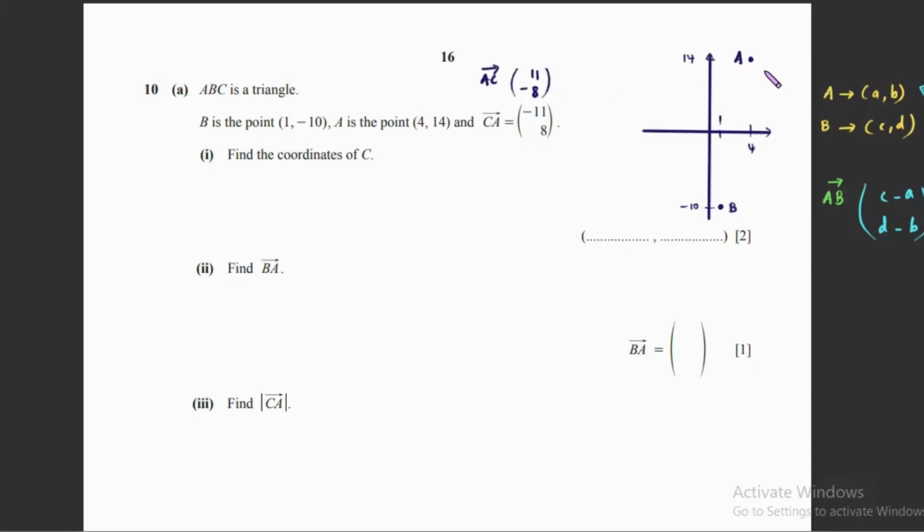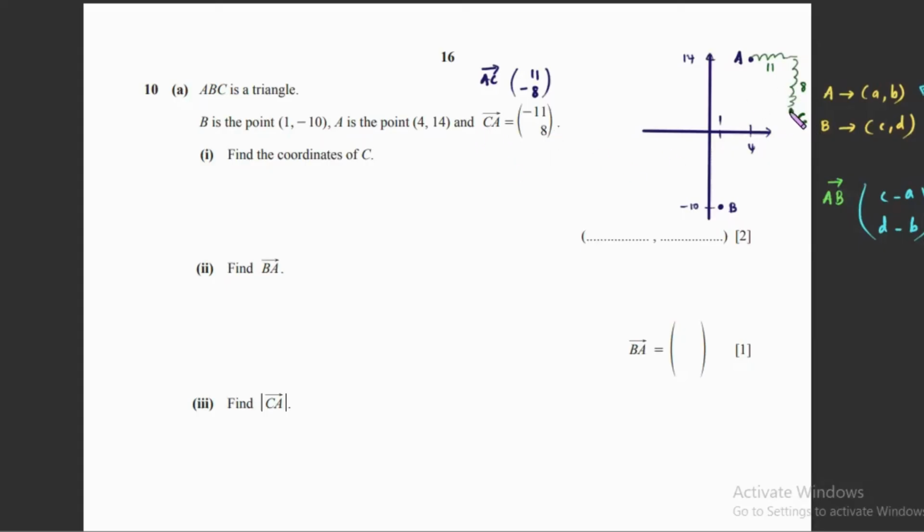That means from A to find the location of C, it has to go 11 units to the right. So from here, it's going to go 11 units to the right, and then it's going to go down by 8 units. So somewhere over here. This is the location of C.